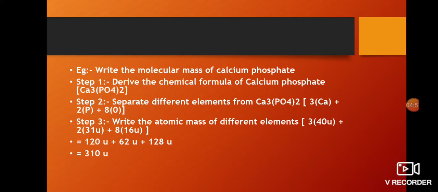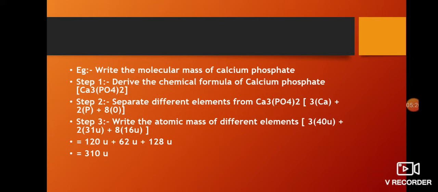Like if Ca, that is calcium, is present 3 times, we write 3 Ca. Like P, so 2 P. O, 8 oxygen. Likewise we have to write. Now third step is write their atomic masses, and we add up all and get the molecular mass, that is 310 U.